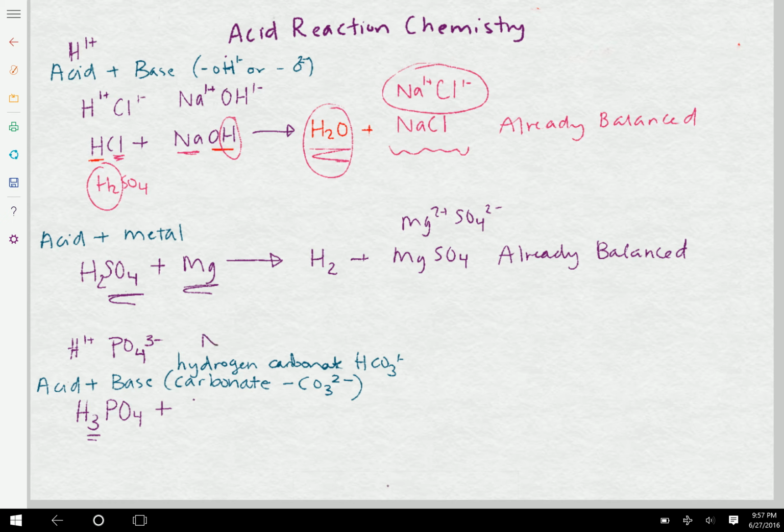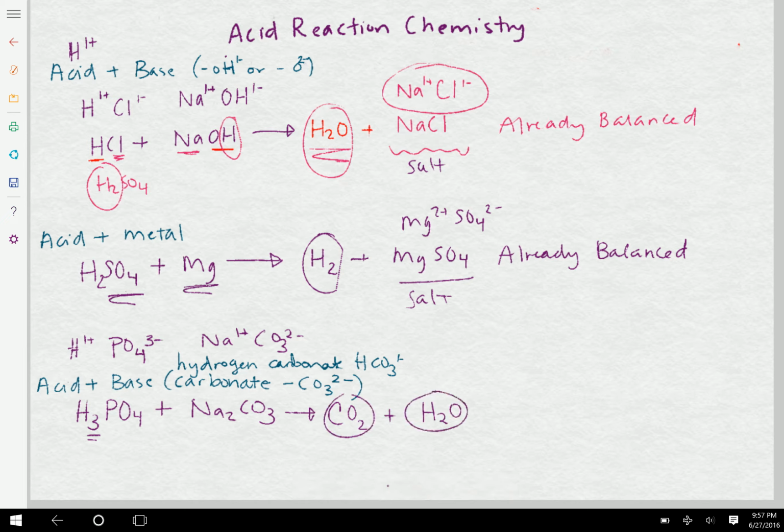So sodium, again, is an oxidation state of 1 plus because it is an alkali metal. Carbonate is a CO3, 2 negative, so I get Na2CO3. And that's going to form 3 products this time. The other 2 had 2 products, the H2O and a salt, the H2 and a salt, and this one's going to be CO2 plus H2O, those 2 are always going to be givens, plus a salt that I'm going to have to figure out what that salt is.